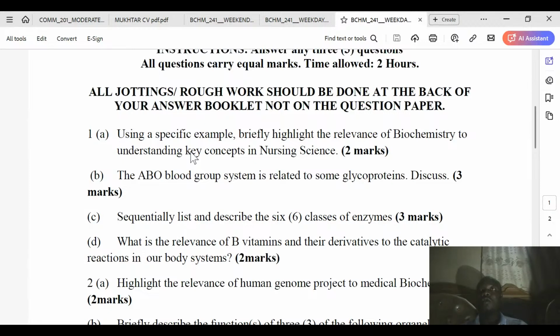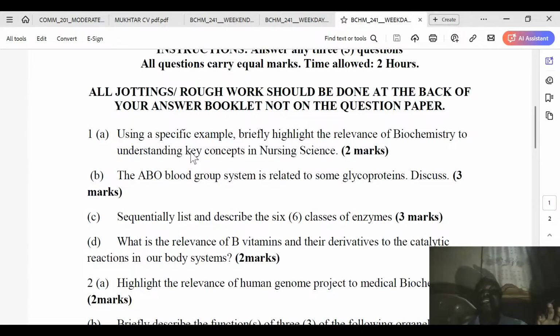If you want to check the blood group of a particular individual, then you use antisera. Why are you using antisera? Because the glycoprotein there is the antigen. The antigen found on an individual with blood group A has N-acetyl galactosamine on the surface of the protein.